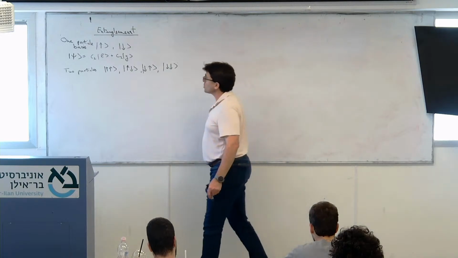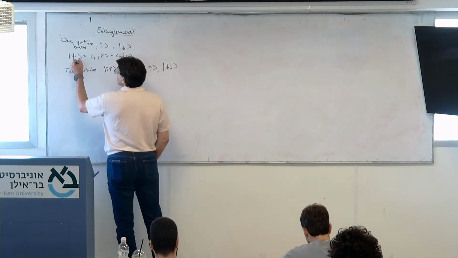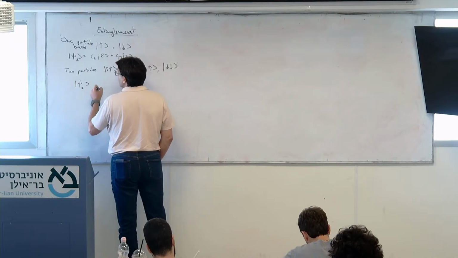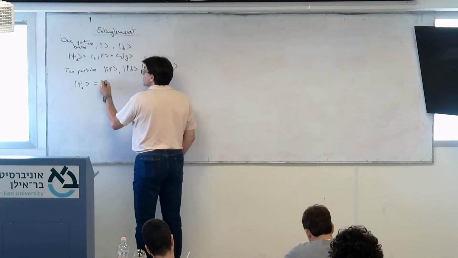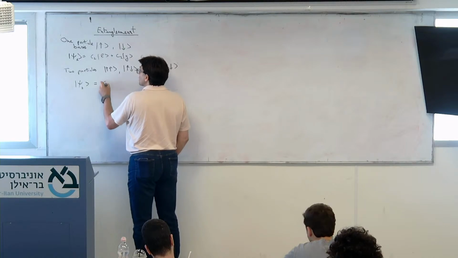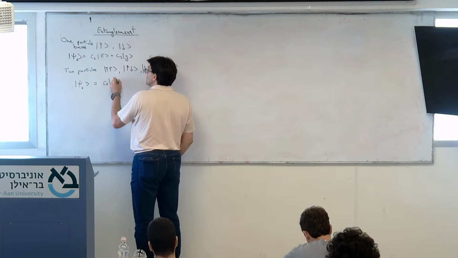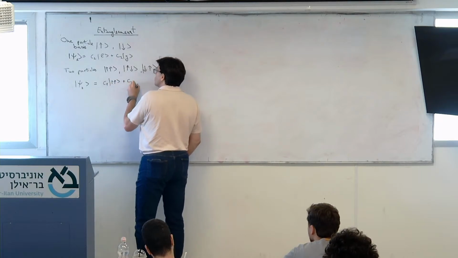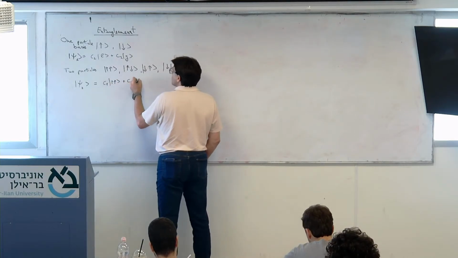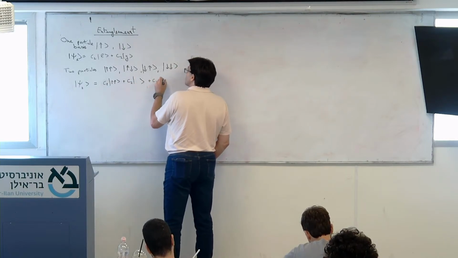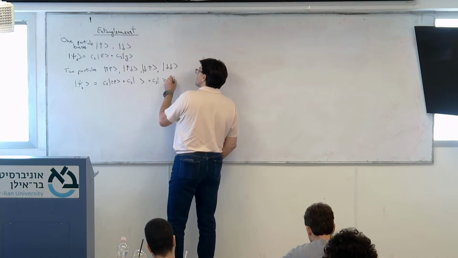And the superposition now, psi of two photons, has C1 plus C2 plus C3 plus C4.